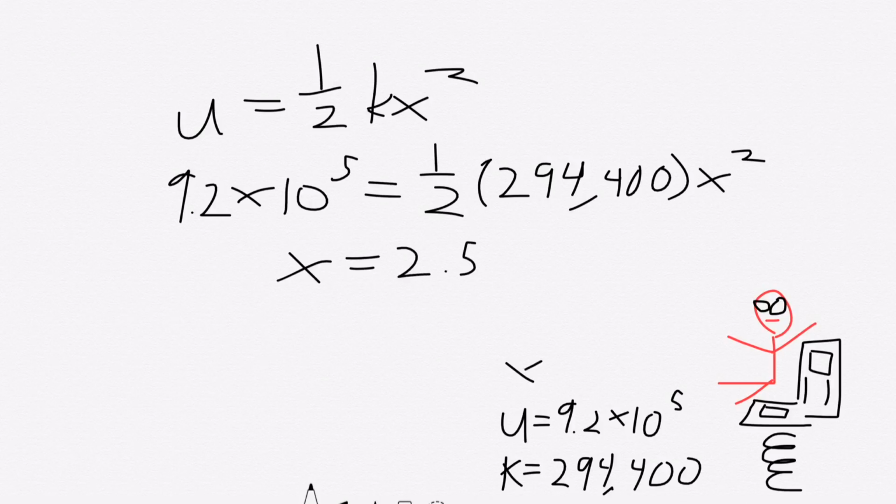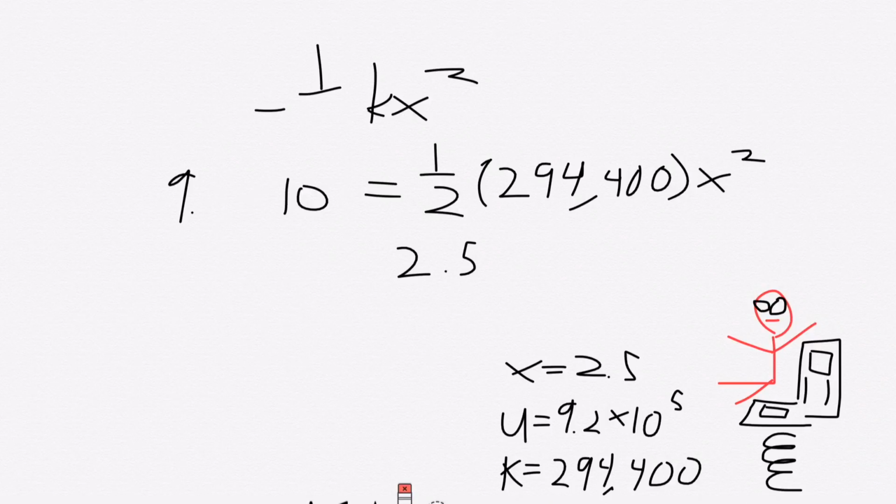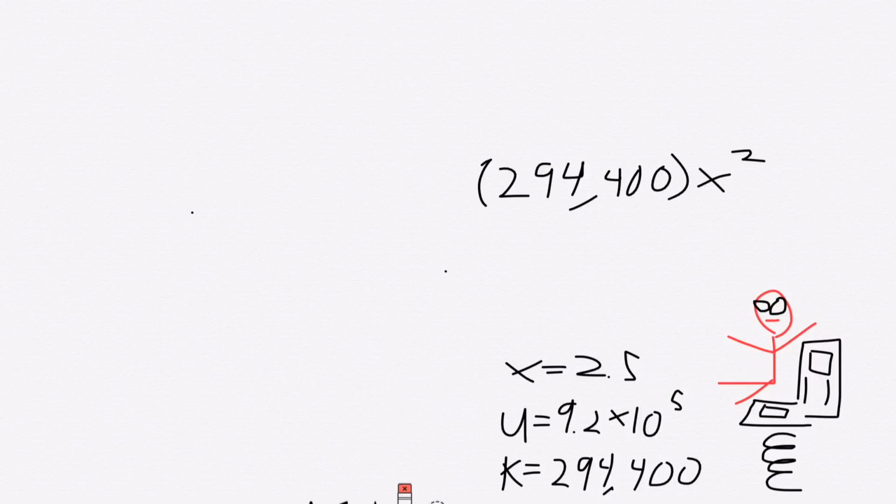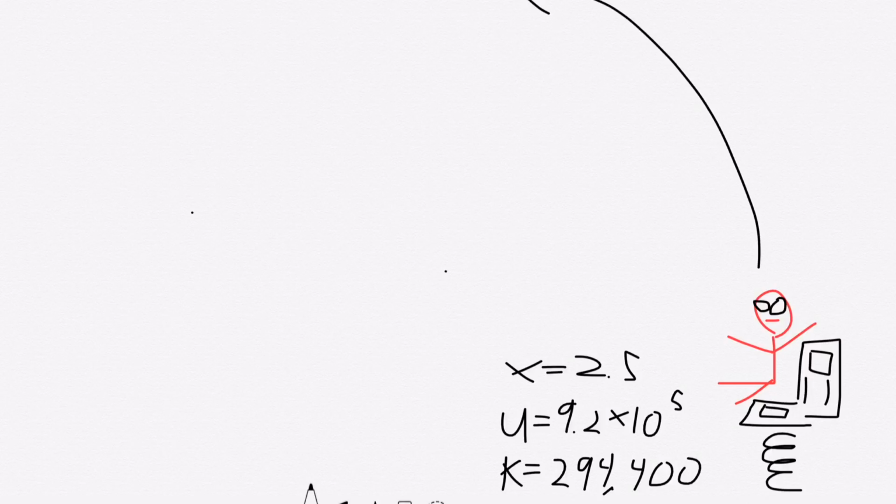Now in order to solve the second part, we should write down 2.5. And then for this second part, to figure out how high he's going to go, as you guys should know, we're going to be using the equation for potential energy, U equals mgh. And since we know his mass, we know the potential energy of the spring, and we know gravity, we can solve for h.